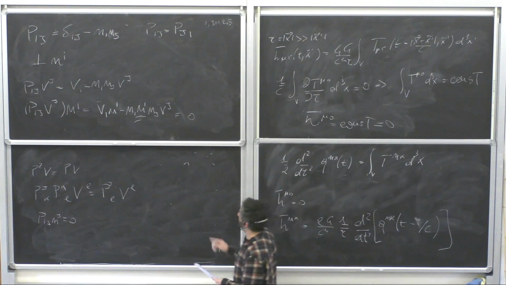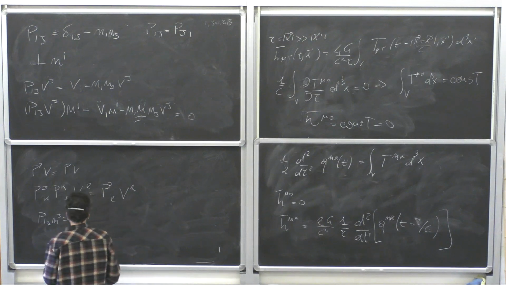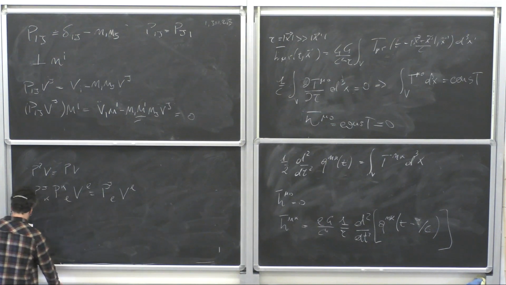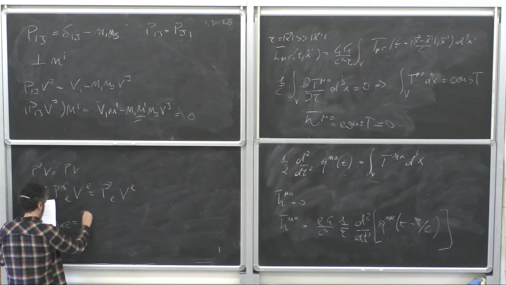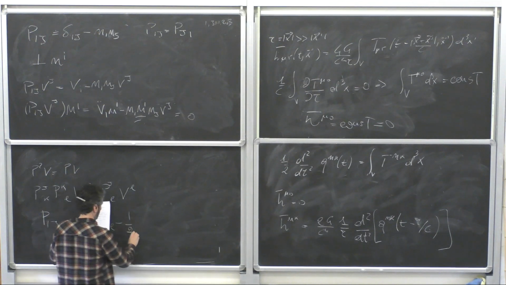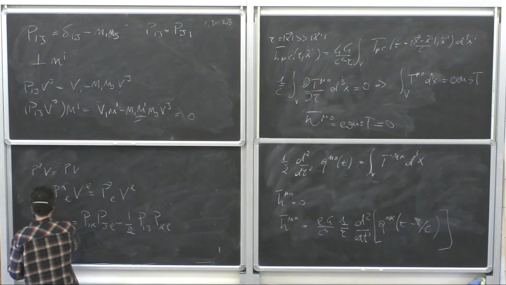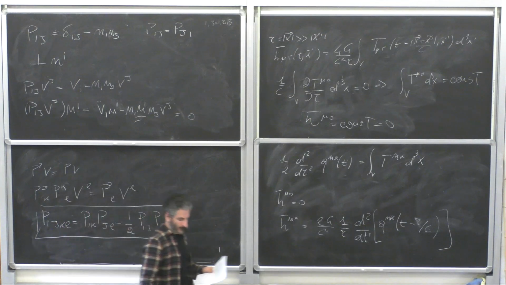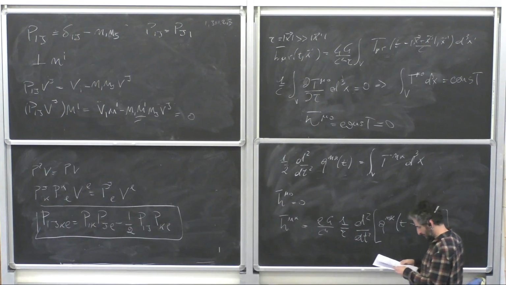Okay, I introduced this because then I can define a projector on the TT gauge, P_ijkl, as P_ik P_jl minus one half P_ij P_kl.